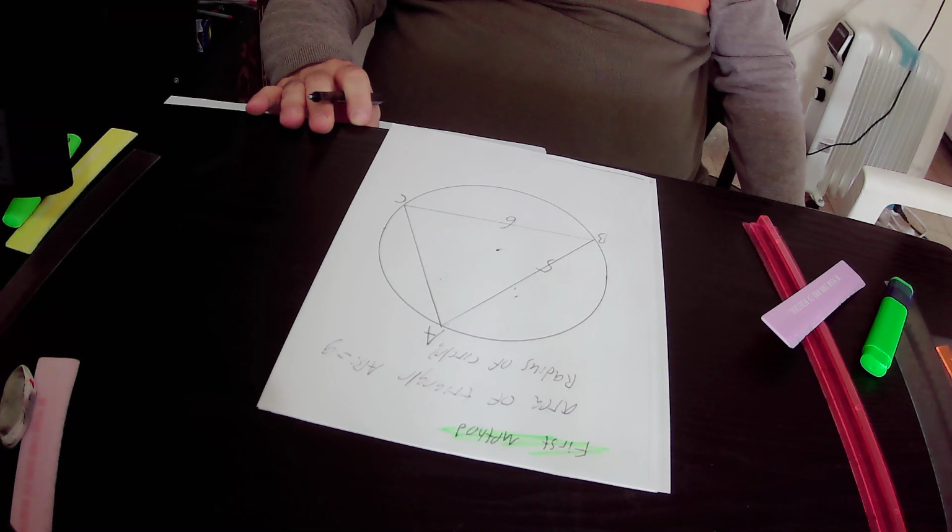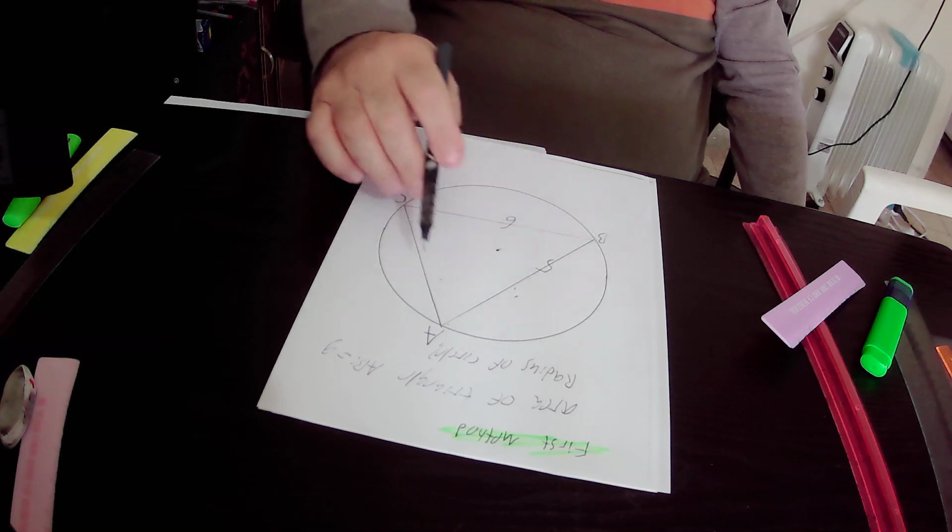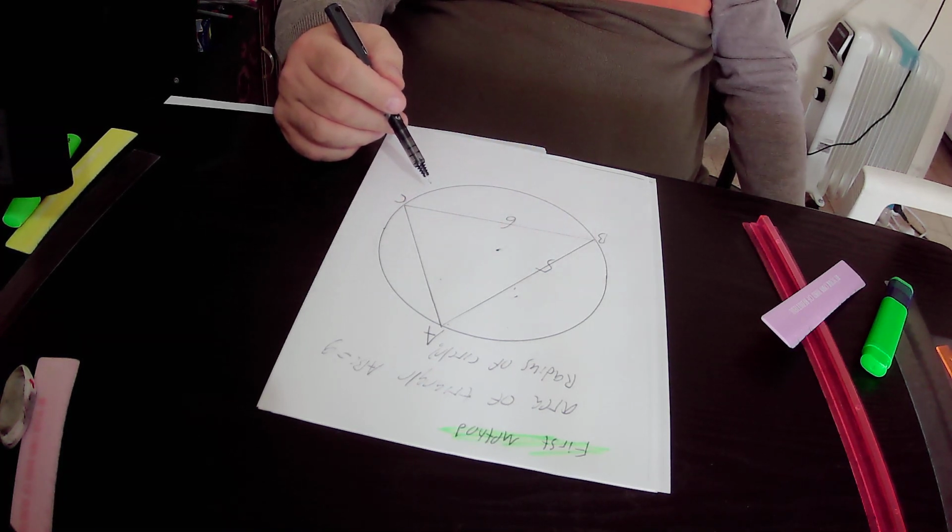We want to find out the radius of this circle that encloses the triangle ABC.